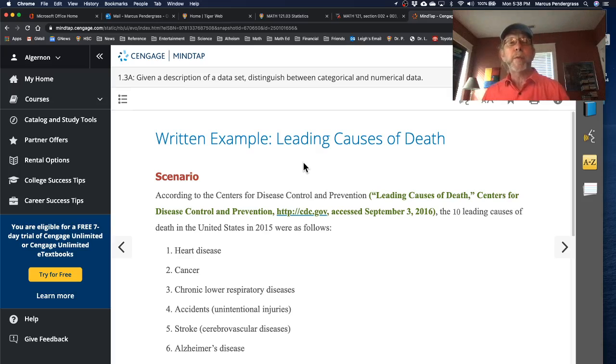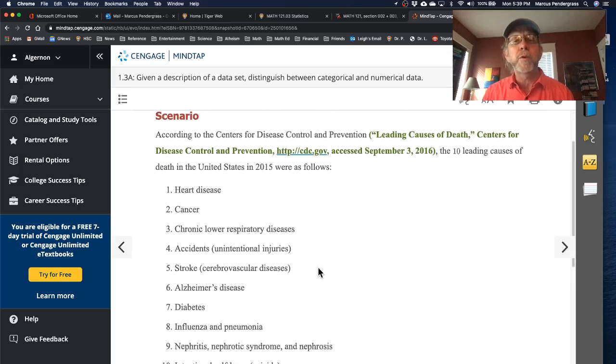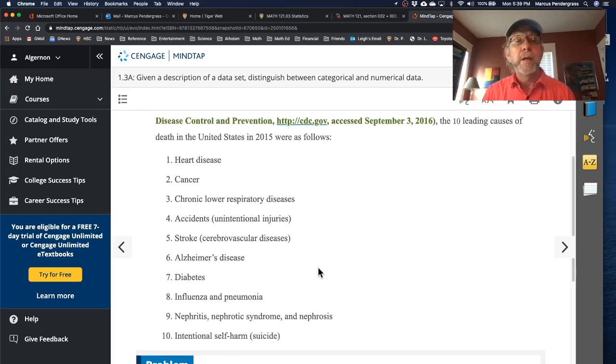In their first example, they talk about leading causes of death in the USA. They give the top 10 here, I believe, and this is from the CDC. These are the top 10 causes of death. So the variable here would be cause of death, and it would be categorical because each death will be a result of one of these and possibly other causes, but those causes are categorical in nature, not numerical.